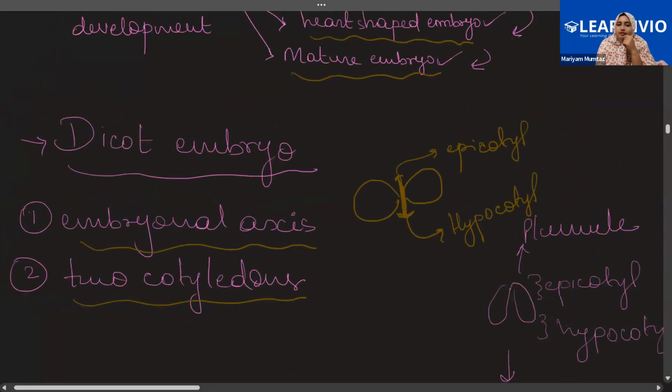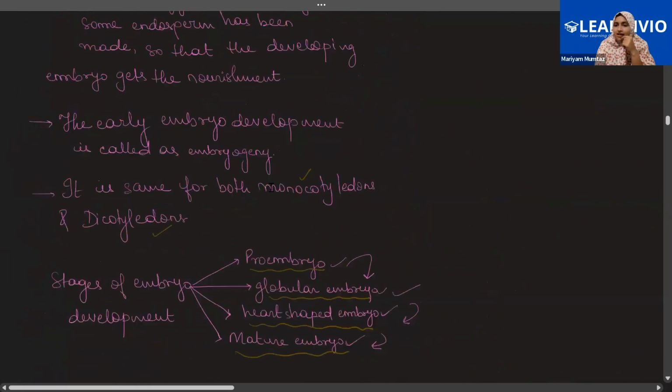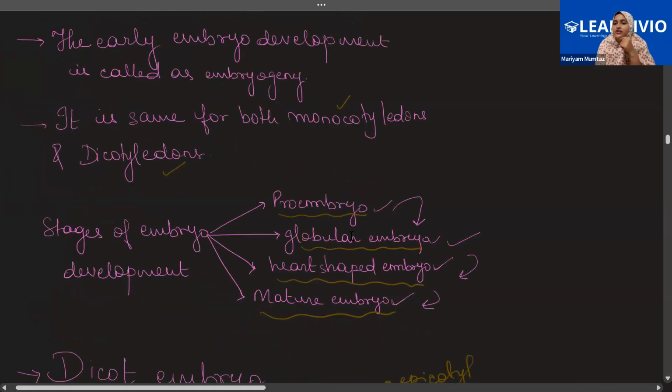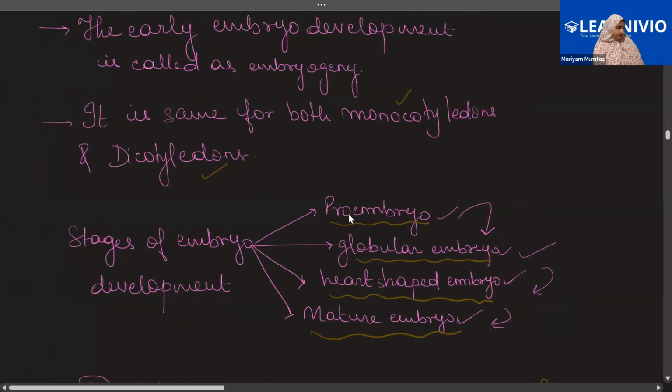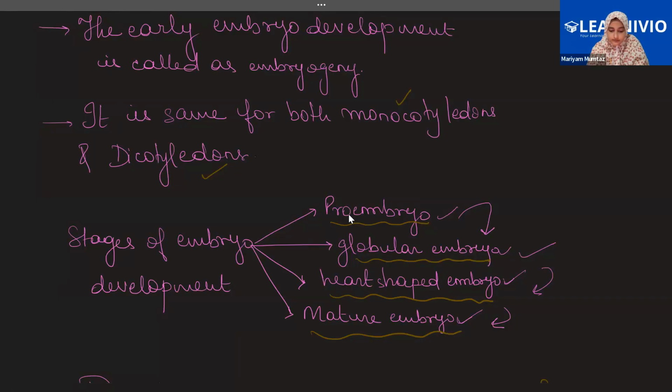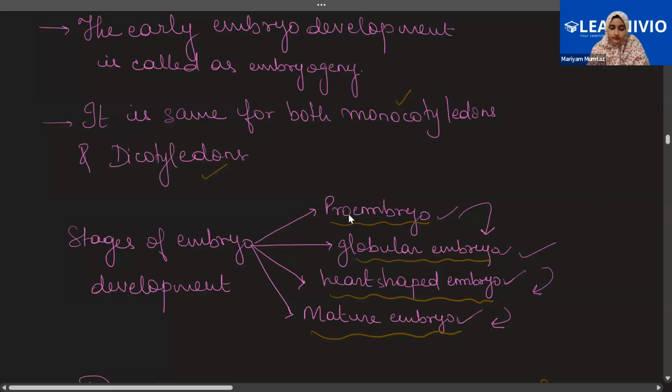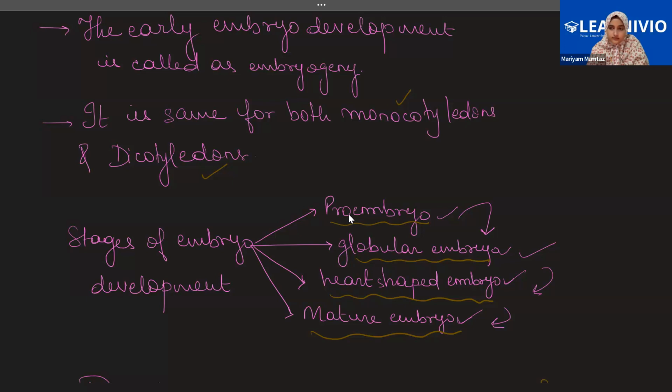Now, before talking about the dicot embryo, see in your book, there is a part where they have shown you four pictures of these stages of embryo development. Check the diagram.